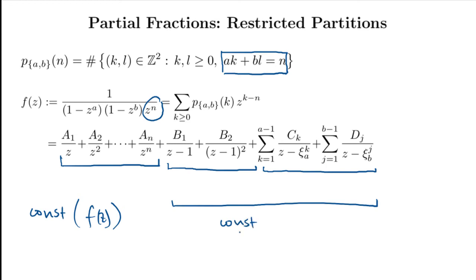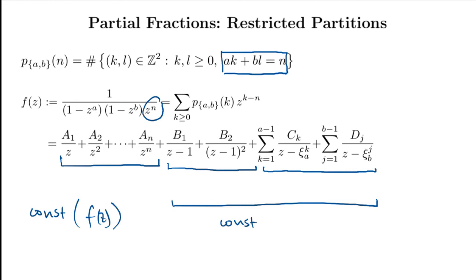I wanted to briefly show you this because the point of the partial fraction decomposition in this example follows a similar philosophy to the previous two examples, where you have some function, you want to compute something, in this case a constant term of this function f of z, and it's hard. So what you do instead is you compute a partial fraction expansion, and you can compute the constant term of f as the sum of the constant terms of the terms in the partial fraction expansion.